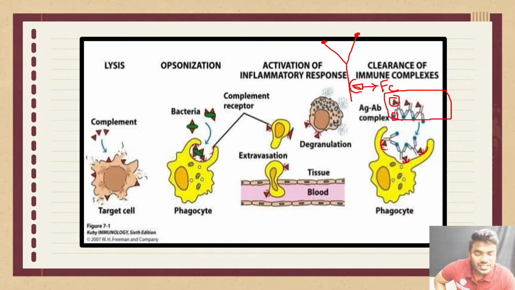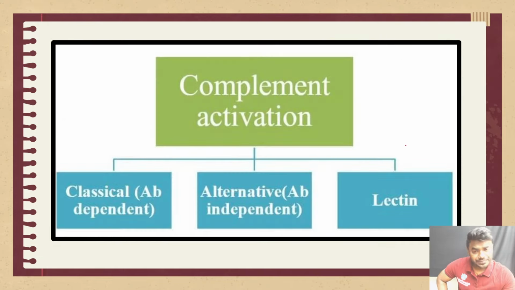To the Fc receptor, antibody never attaches. To the Fc receptor, antigen never associates. To the Fc receptor, only the complement molecule which is associated with the antigen and antibody will associate. Kindly do not get confused with that particular point at all.